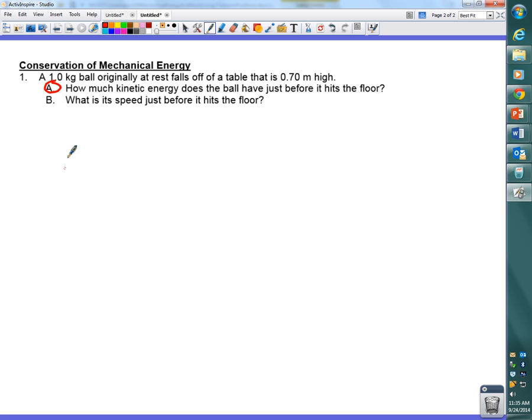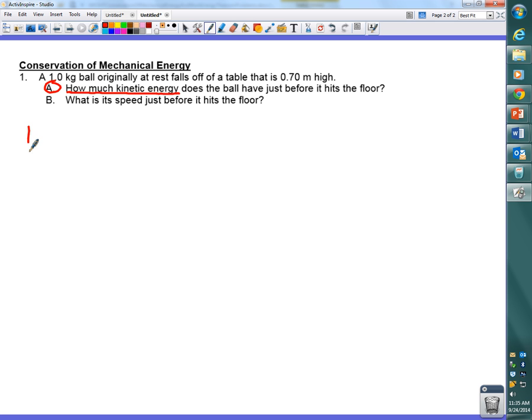So really, the first thing I think we should do is identify what it is that we're looking for. Because ultimately, we need to make a plan to get to what we're looking for. But if we don't know where we're going, we can't make a plan to get there. So let's first identify whatever it is that we're looking for.